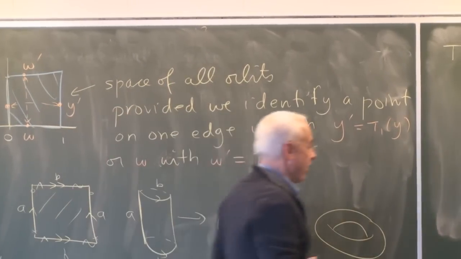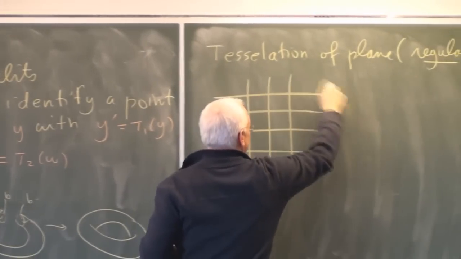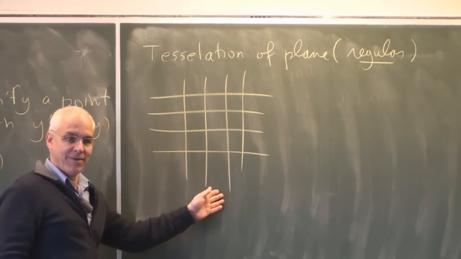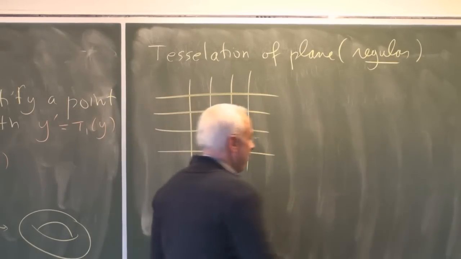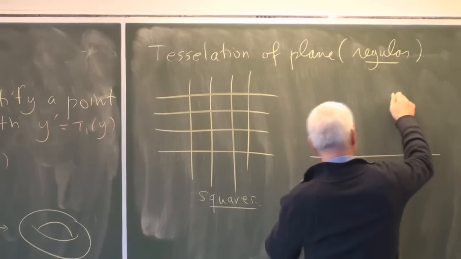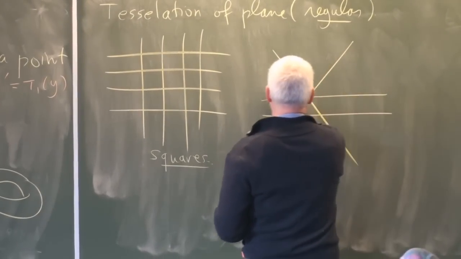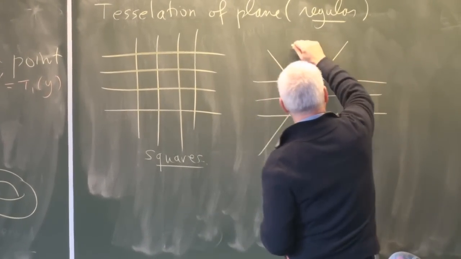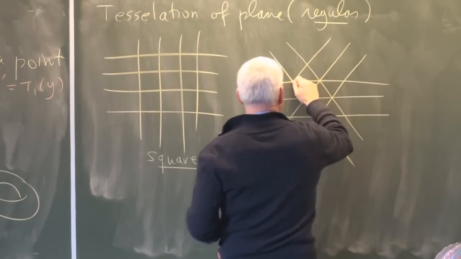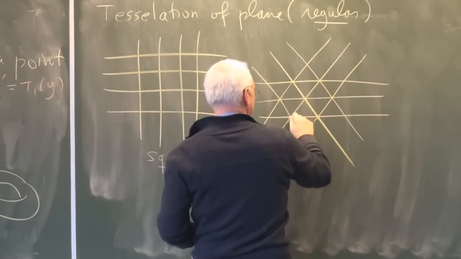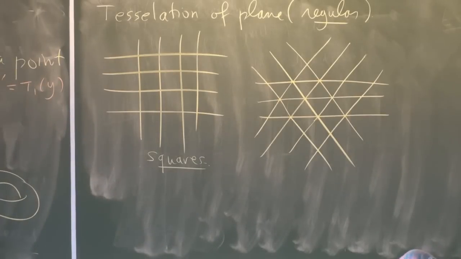And I suppose you all know that there are not a lot of regular tessellations. There's a tessellation by squares. There's a tessellation by equilateral triangles.